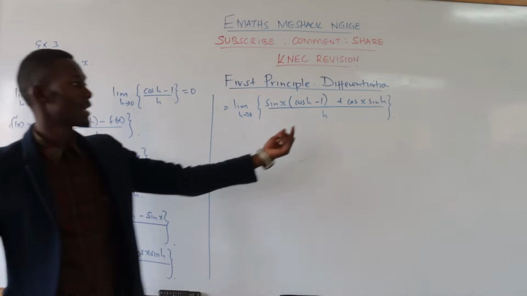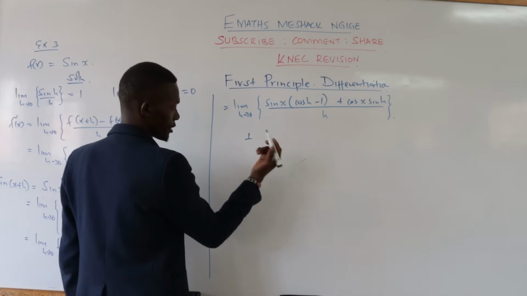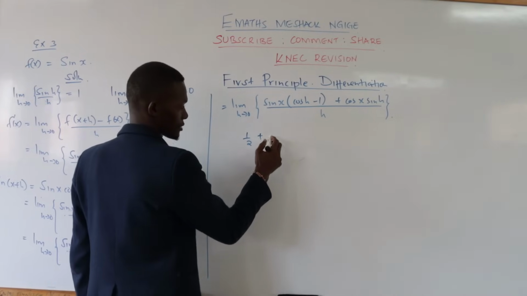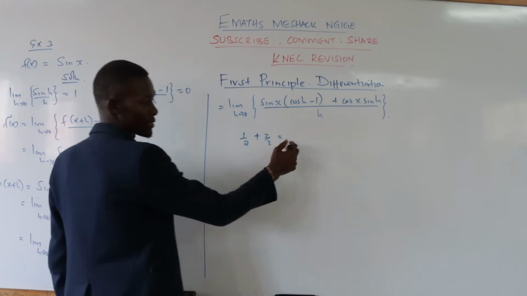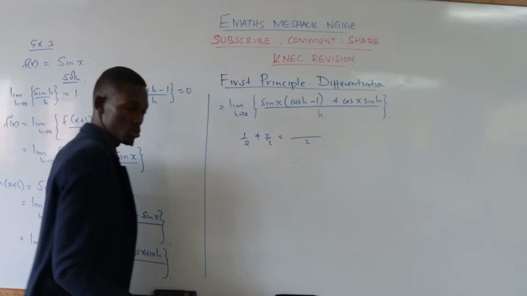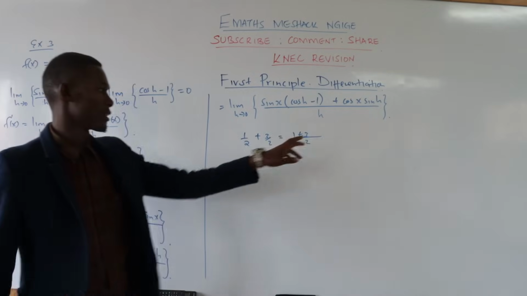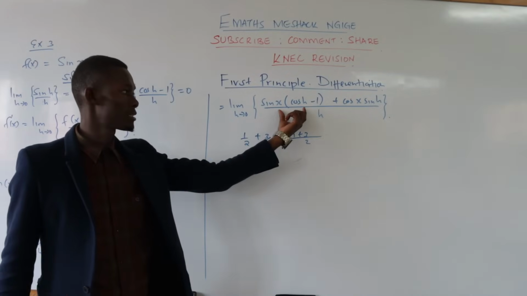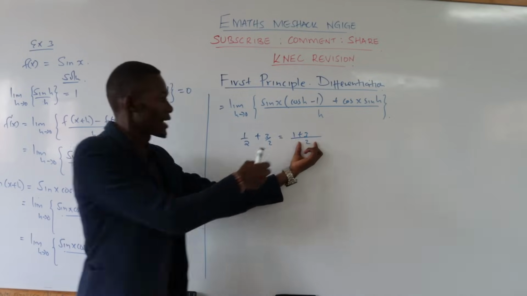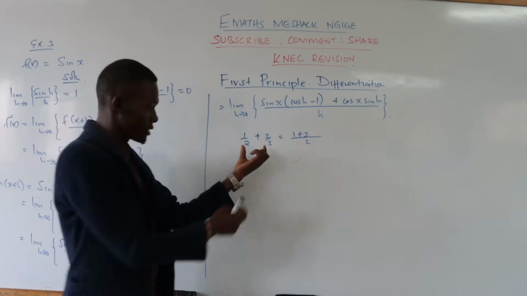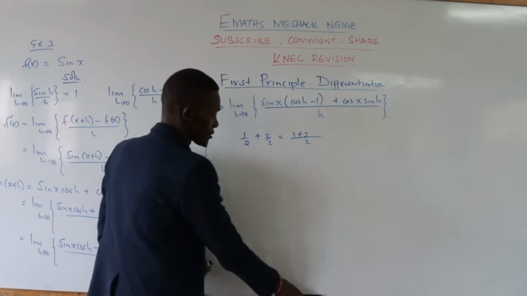And since this one is an LCM, remember, if you have 1 over 2 plus, let's take another number, maybe 3 over 2, the LCM of this and this is the same, which is just 2. Then you have the terms at the top. So this h will be shared in this term and this term. So we can come from this side to this side, but we have the h being shared.